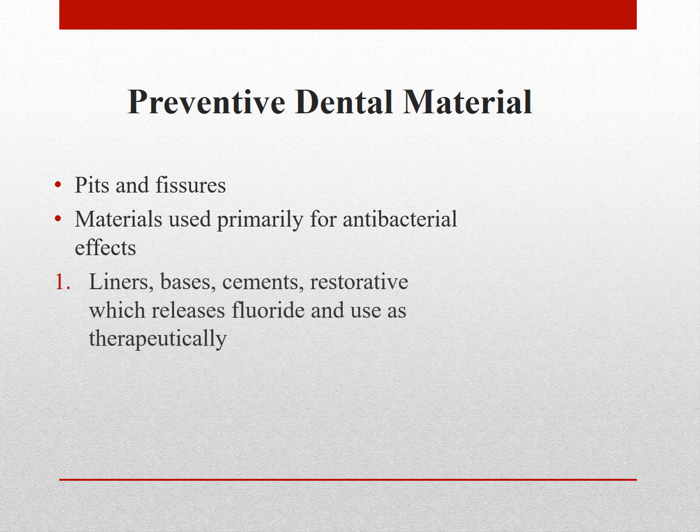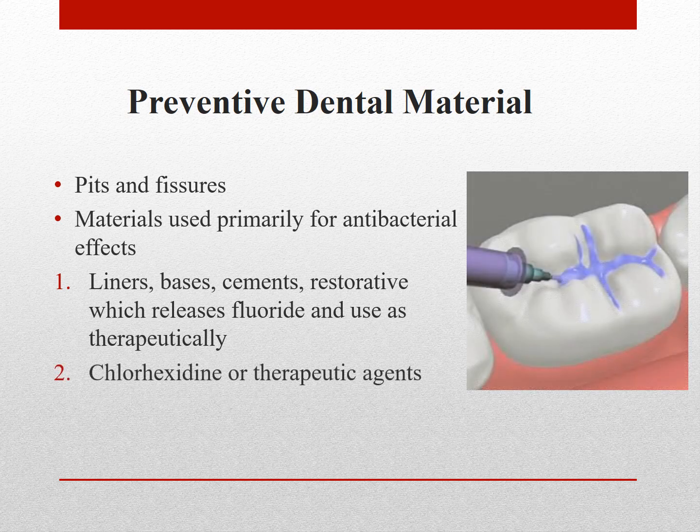Examples of preventive dental materials are liners, as I talked about earlier, bases, cements, and restoratives which release fluoride and are used therapeutically. Some bases and liners are also used as a lining material in deep cavities, where they initiate secondary and tertiary dentine formation. Chlorhexidine is also used as a therapeutic agent.